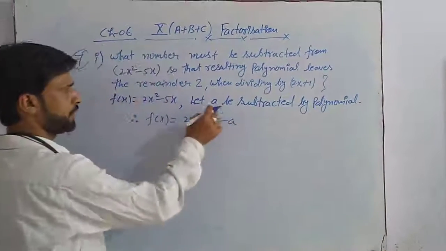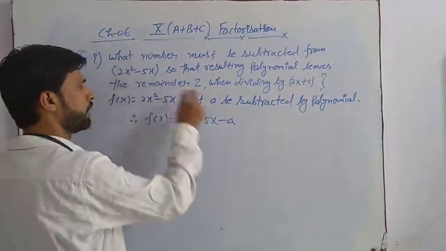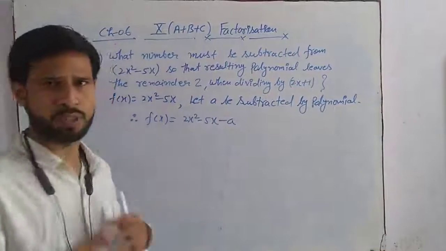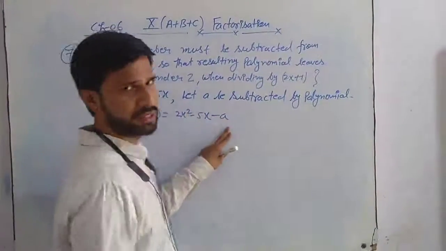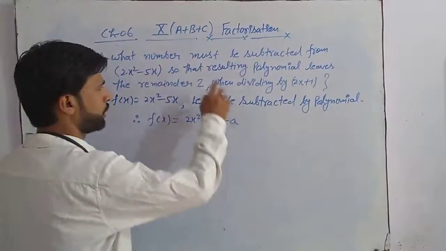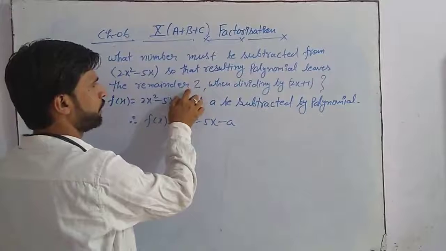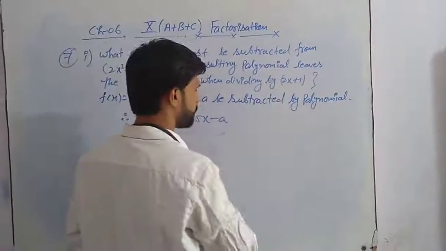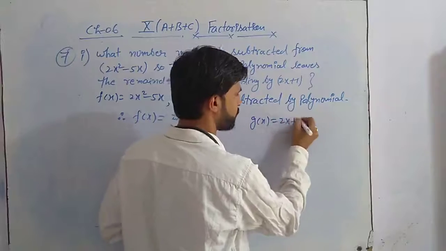Since a is subtracted, according to the question, what number must be subtracted? Let us consider a number a is subtracted from the given polynomial, therefore 2x square minus 5x minus a. Now according to the question, the resulting polynomial leaves the remainder 2 when divided by 2x plus 1. It means another function g(x) is given by 2x plus 1.